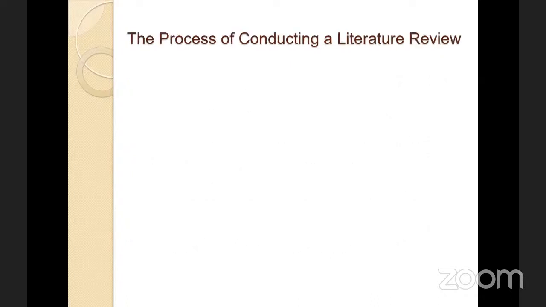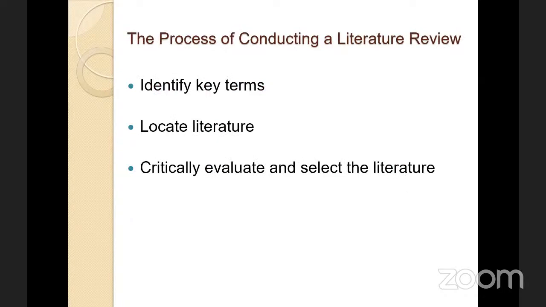But no matter what, there are some key things that happen in every literature review. You need to identify key terms, meaning the academic key terms. Sometimes you put in a word that is not the way academics put it, and sometimes the search engine is smart enough to figure it out, and sometimes it is not.